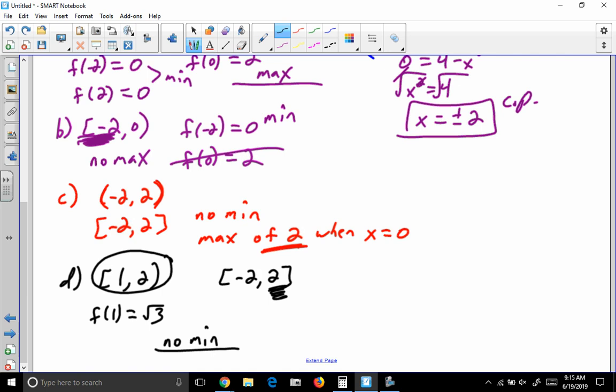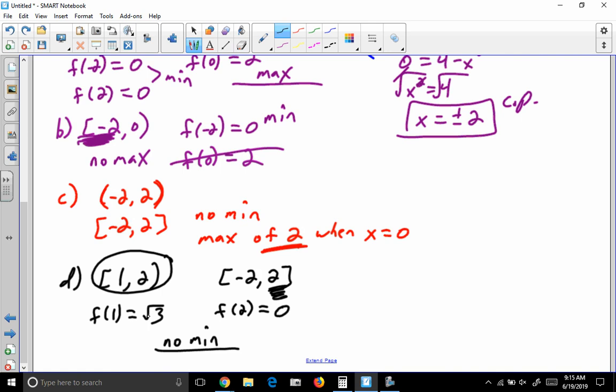Also, notice that x equals 0 is not in our interval, so that is not going to be our maximum. Our maximum is going to be the highest of the two ends. The left end, when we put 1 in, we get the square root of 3. Remember the right end, when we put 2 in, we got 0, but we don't include that one anyway.